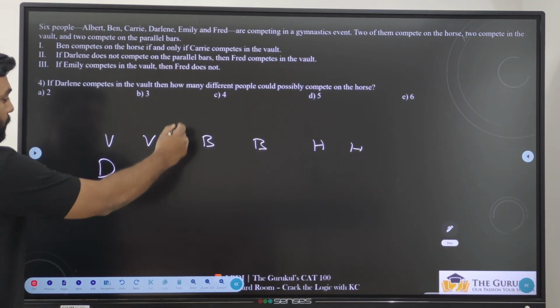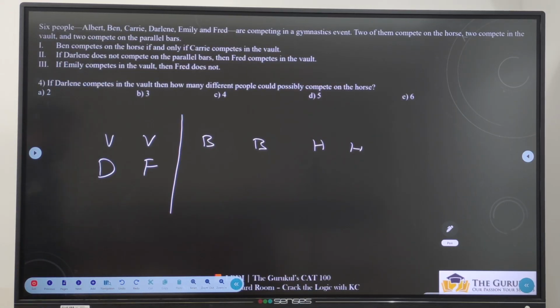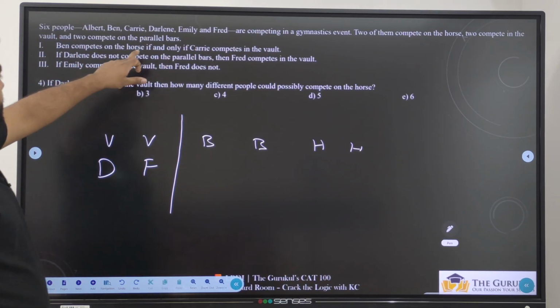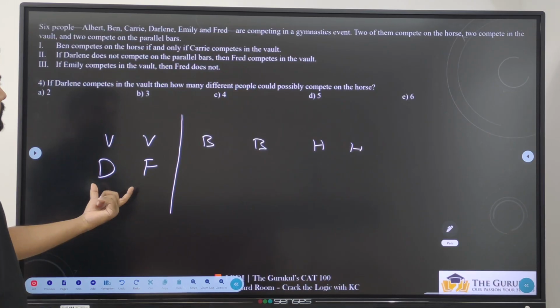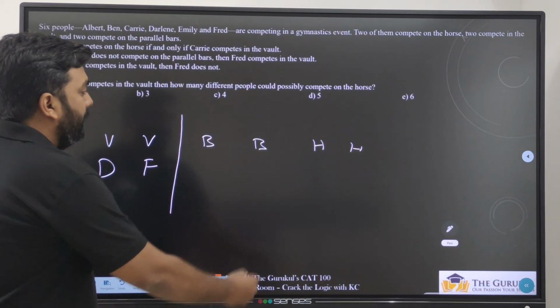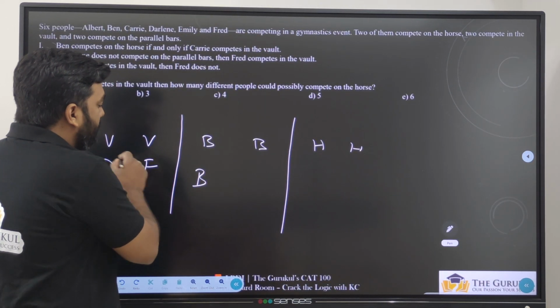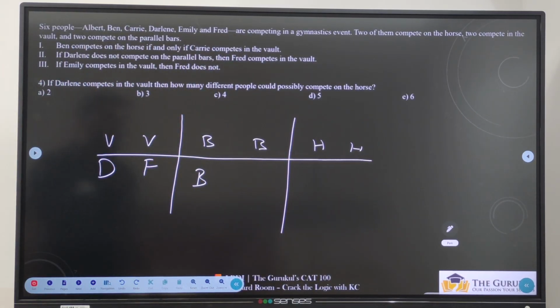Next, how many different possibilities are there? B competes on the horse if and only if C competes in the vault, but C is not competing in the vault, which means B cannot compete in horse also. So B should definitely be in bars only.